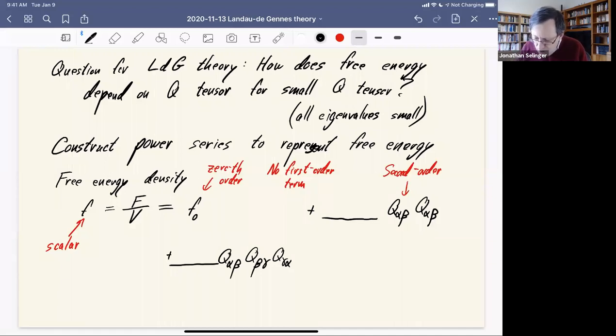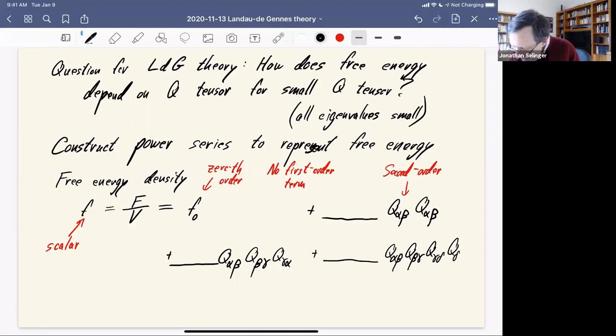What about fourth order? Well, that'll work too. We could have something that looks like Q alpha beta, Q beta gamma, Q gamma delta, Q delta alpha. All right, let's contract it over everything.